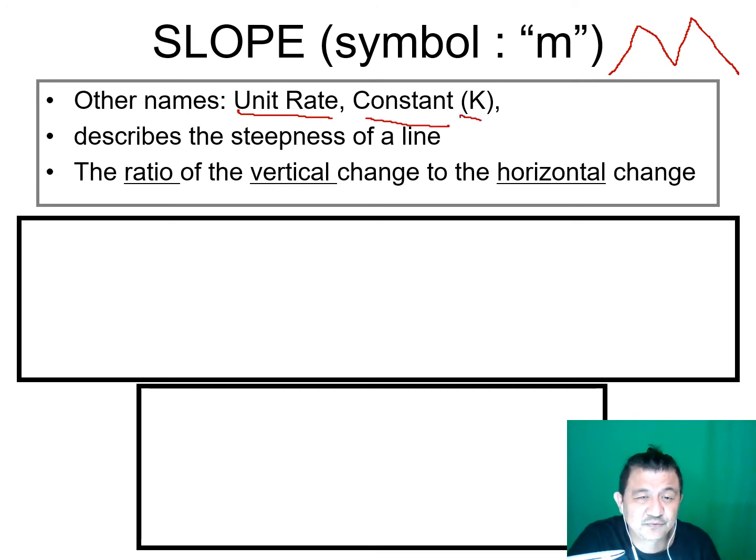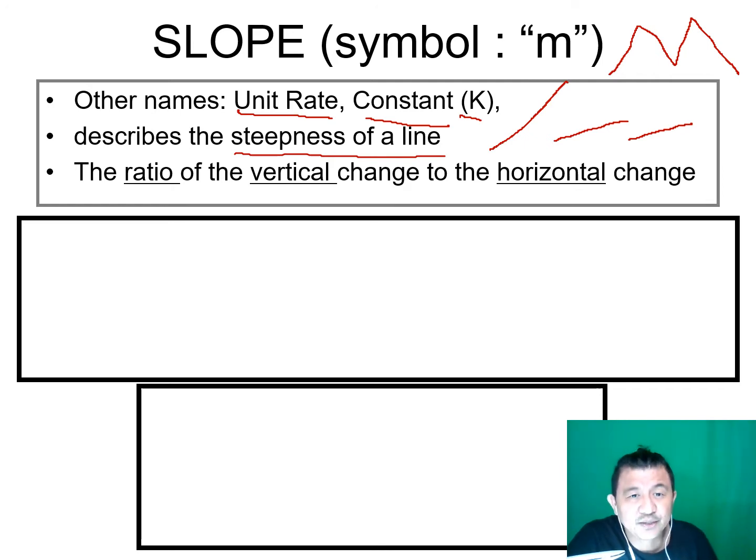We've studied that before. It describes the steepness of the line, how steep it is, how not so steep it is. All right, and it is also the ratio, meaning it's like a fraction, a numerator over a denominator, of the vertical change compared to the horizontal change.